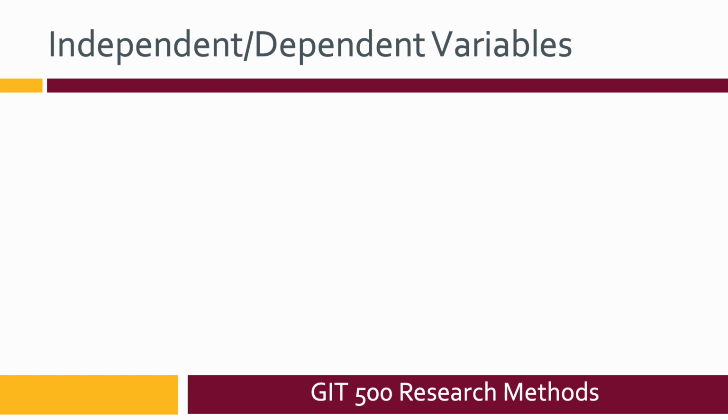There are lots of ways to think about variables and to talk about variables. One of the broadest ways to think about them are the independent and dependent variables.